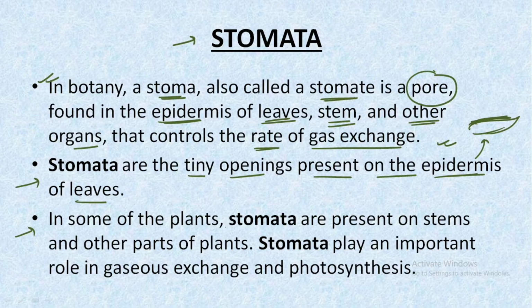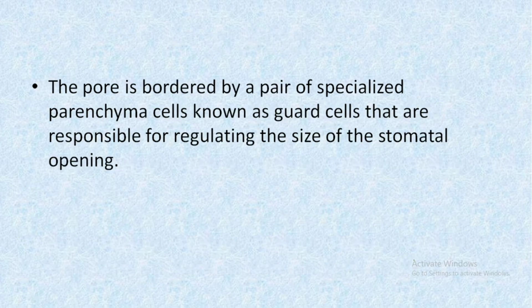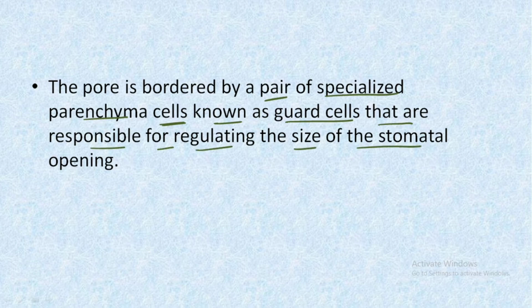In some of the plants, the stomata are present on stems and the other parts of the plants as well, and the stomata play an important role in the gaseous exchange and also in photosynthesis. So let's move forward. The pore is bordered by a pair of specialized parenchymatous cells that are known as the guard cells, which are responsible for regulating the size of the stomatal opening.